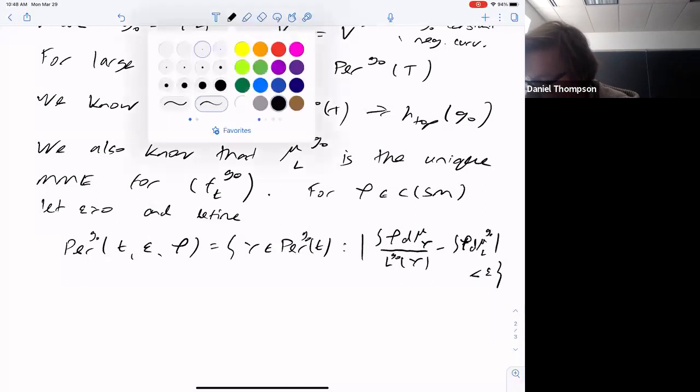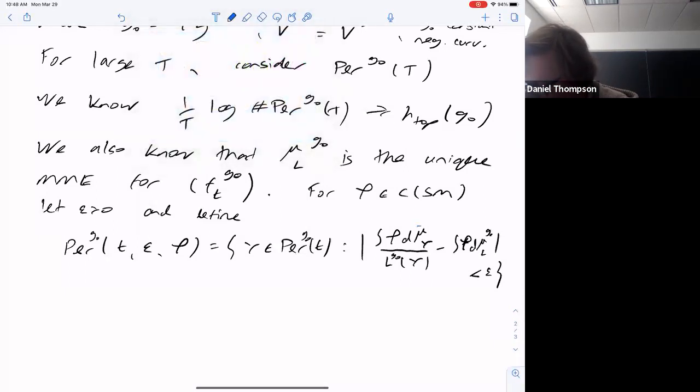Okay, so by this, what I mean here is just what you think it means. Just integrate this thing along the orbit.